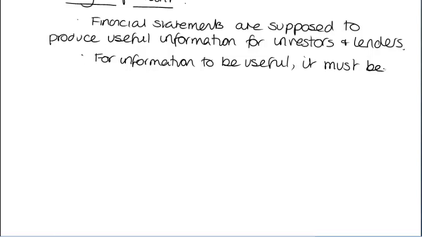And then it has what we call enhancing, as secondary characteristics. It must be complete. And this is really where related party information comes from.